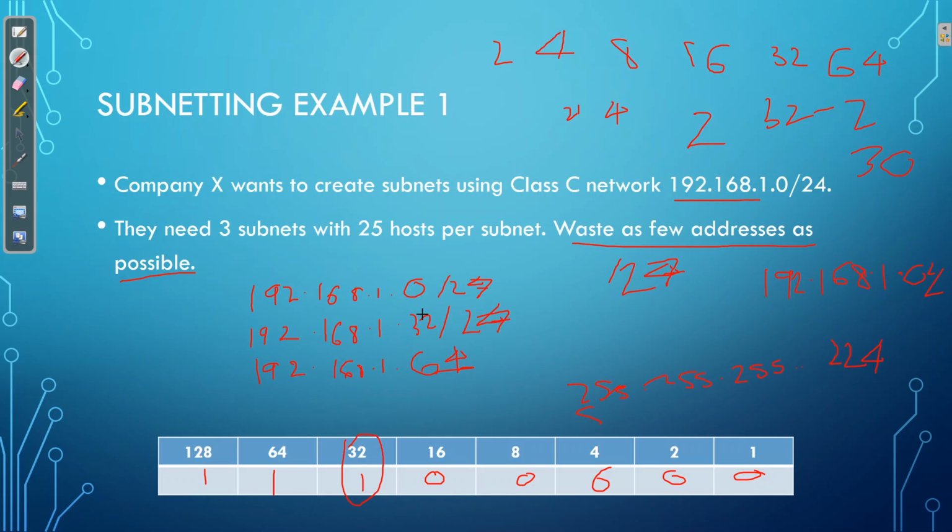Once I get to the last subnet, let's look at 256 take away 32, that gives me 224, so that's going to be my last subnet. Once I increment by 32, that gives me 256, and I can't increment by 1 in the next octet because that represents my network.